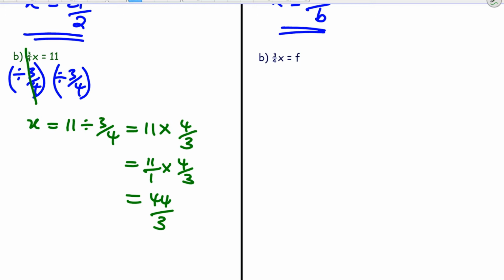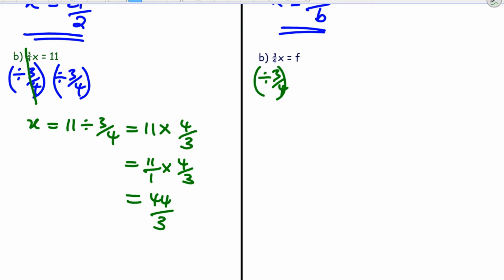How can we apply the same process to this question here on the right, second column? So the first step is we need to get rid of the 3/4. Now 3/4 is multiplied by x, which means you are going to divide by 3/4.